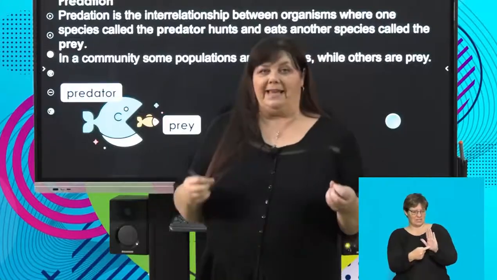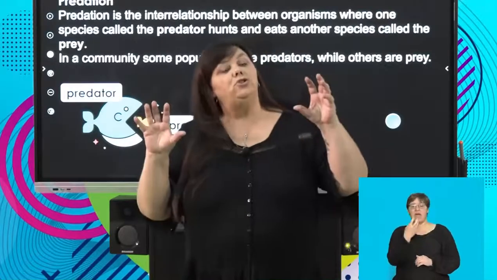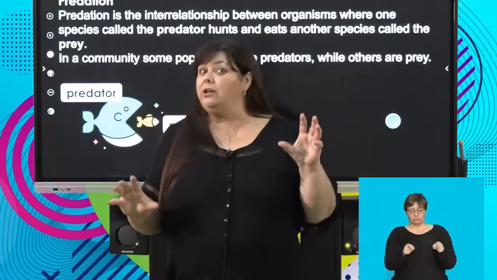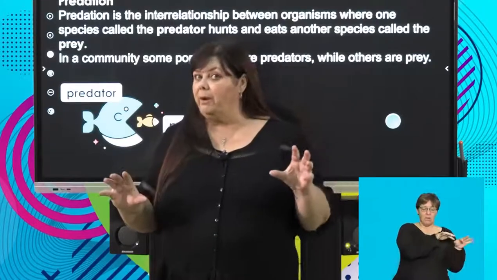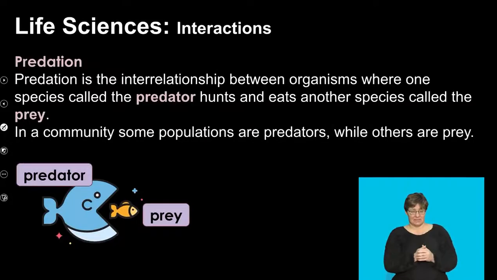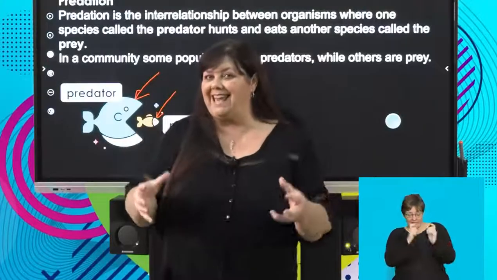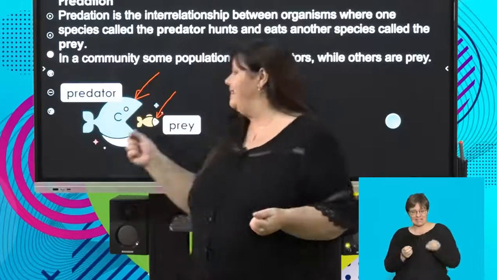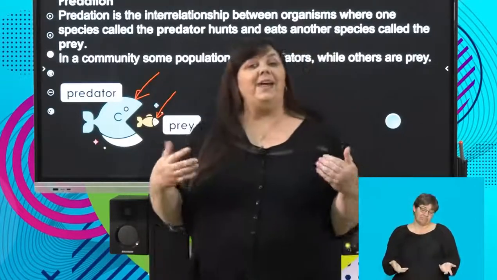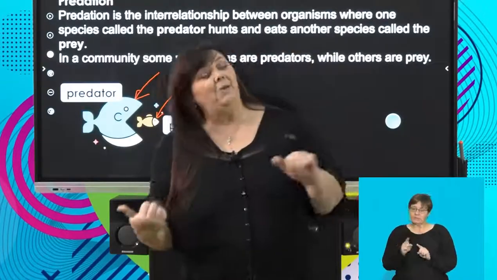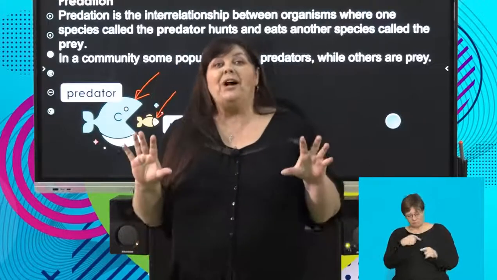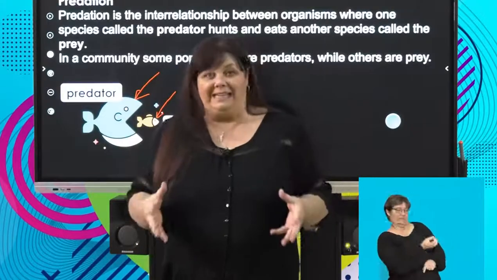In predation, we've got two organisms from different populations. We're going to see a relationship between predators and prey. The predator is the one that does the hunting and the catching and the eating, and the prey is the population that does the running away or the swimming away or the trying to avoid being eaten.